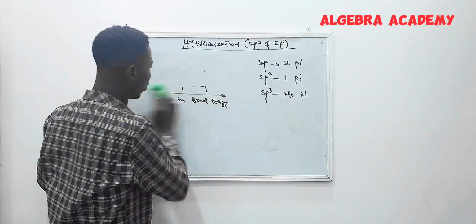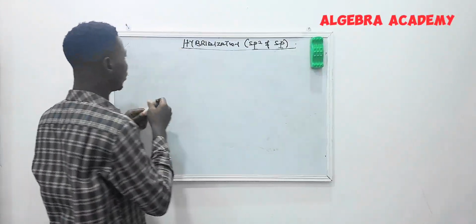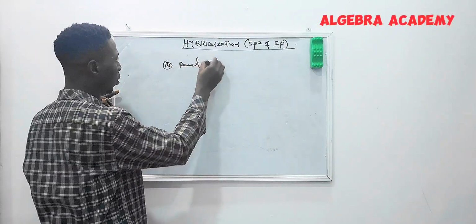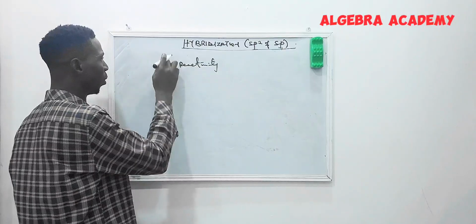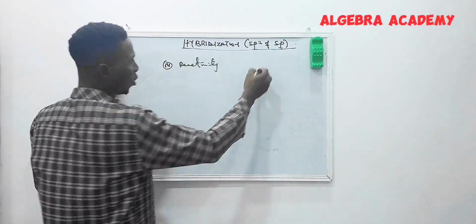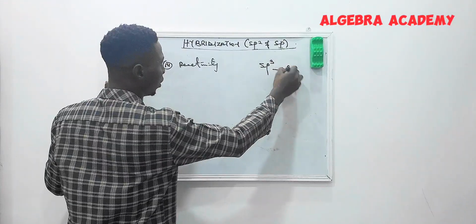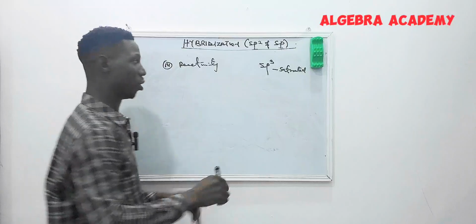The last one that we're looking at is reactivity, number 3. Now, if you check very well, sp3 is only the characteristic of saturated hydrocarbons because there is no pi bond, they are all saturated.